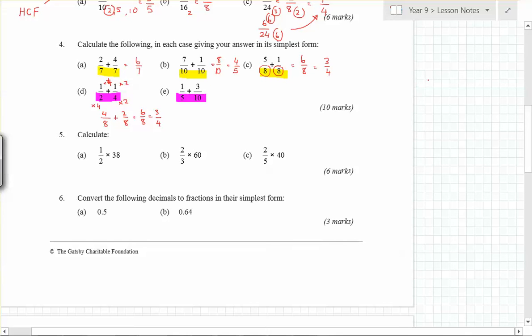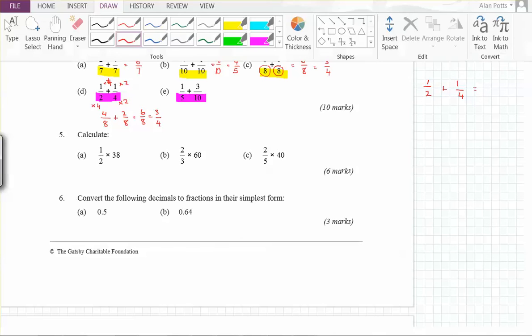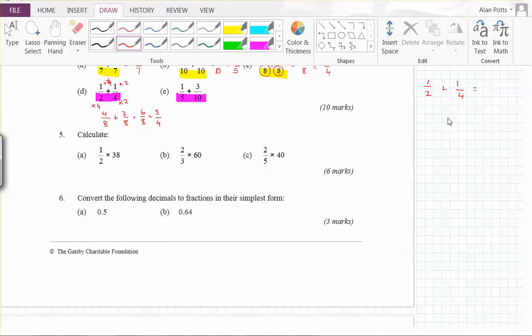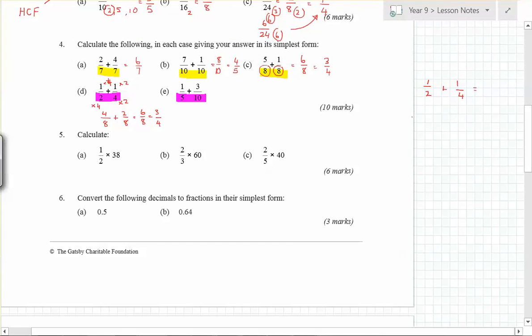Now here's the thing, I'm going to do it again. 1/2 plus 1/4. Now Jana, what's important when you add fractions again? The denominator's the same. Now, did I have to multiply both of them to make the denominator the same? No, because 2 does go to 4.